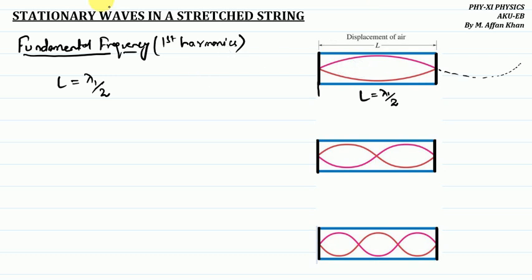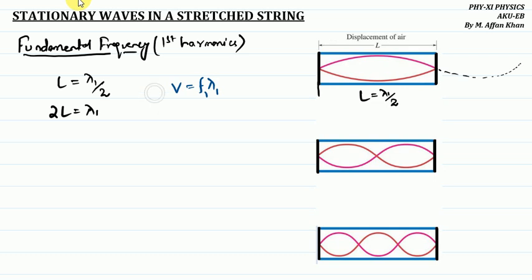We know that V is equal to F lambda, and for the first harmonic, the frequency will be F1 and the velocity will remain constant overall. We can substitute the value of lambda here: 2L is equal to lambda 1.